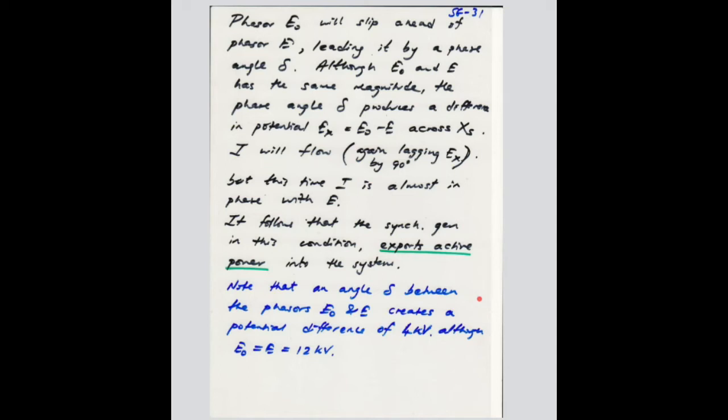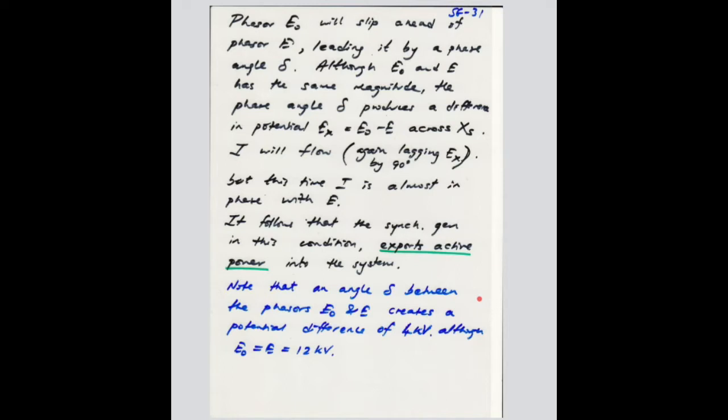So in the last lecture, we were looking at the changes that an operator can make to a generator to operate it in different modes. We looked at three different modes.